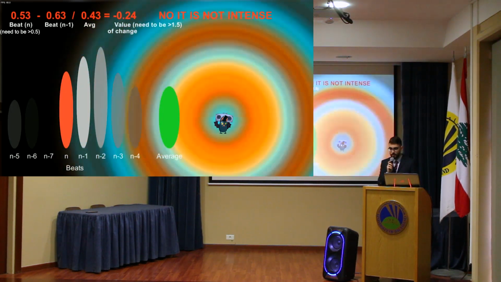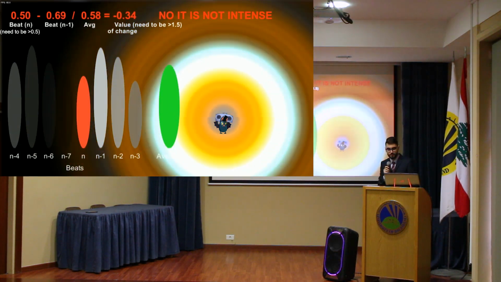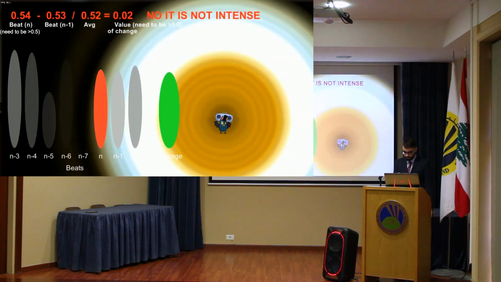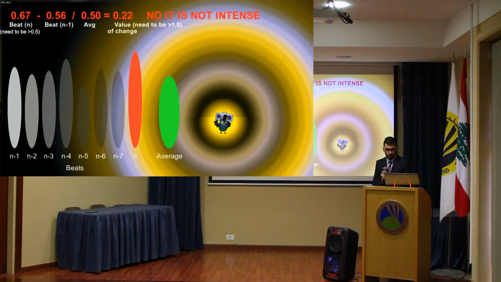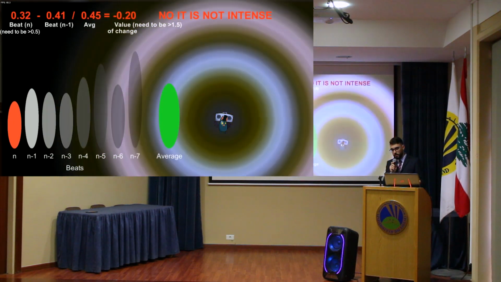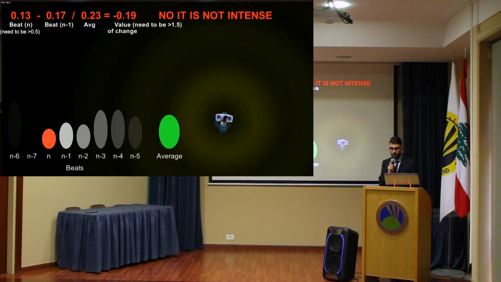You can notice the colors being represented. You can notice that the intensity is high, but as the average is high as well, the conditions are not met. It will be met in a moment.